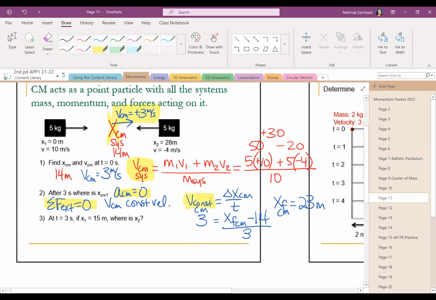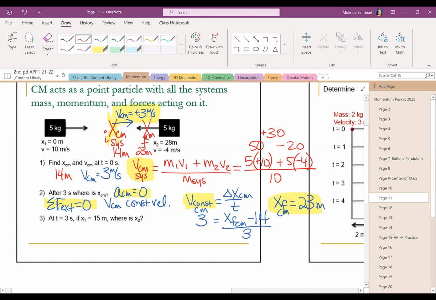And so we needed the constant velocity to get the displacement so we could find out that after 3 seconds, where is that X marks the spot? Good. So that's where our center of mass would end after 3 seconds. So maybe our final center of mass is at about 23 meters, and the initial one was at 14.